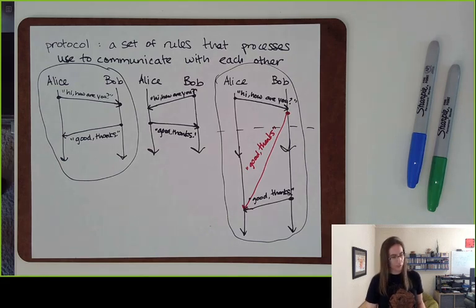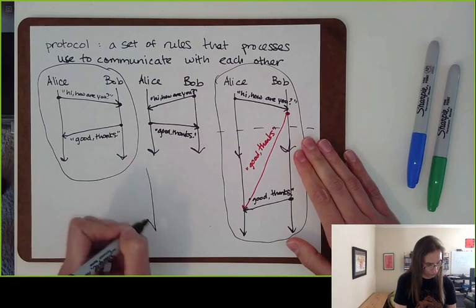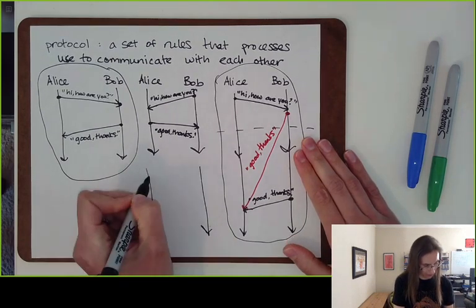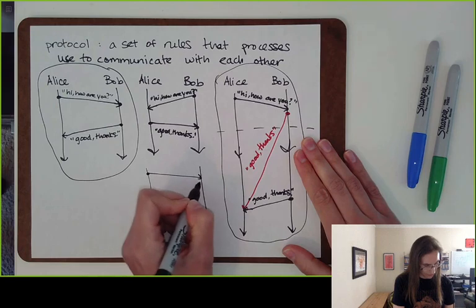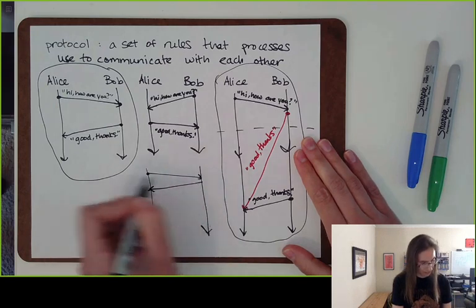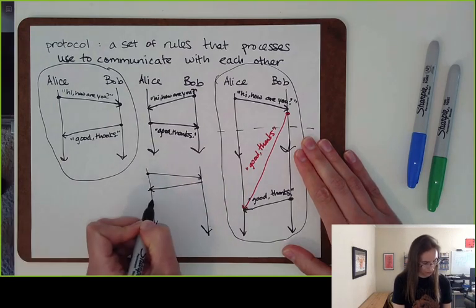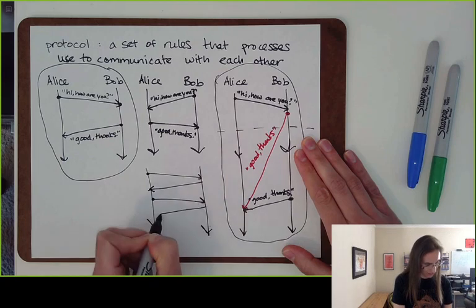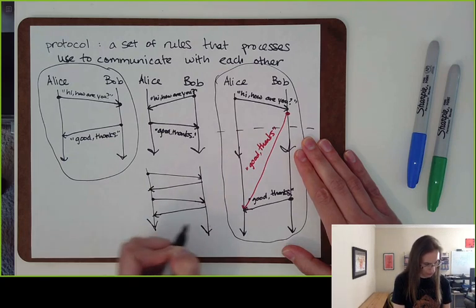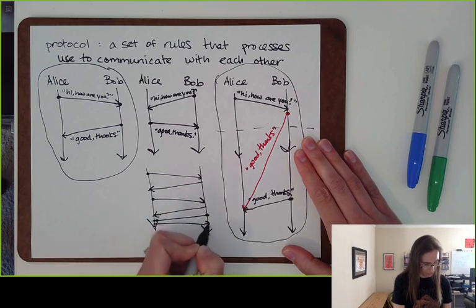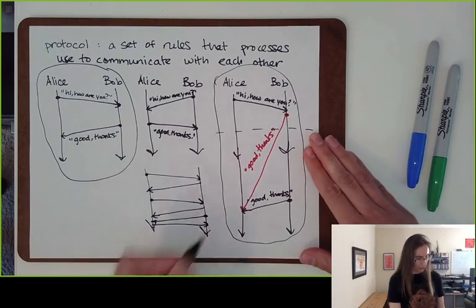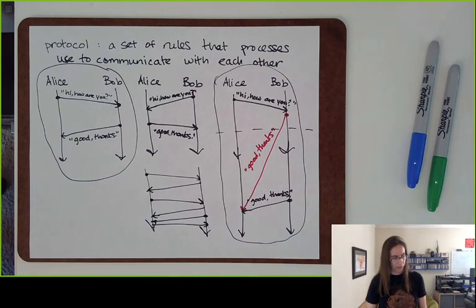So for instance, you could have any number of back and forth exchanges, right? You could have Alice saying, "Hi, how are you?" Bob saying, "Good, thanks." You could have the same thing again. Maybe you could have Bob initiate it. So there's also no protocol violation in that picture, right?